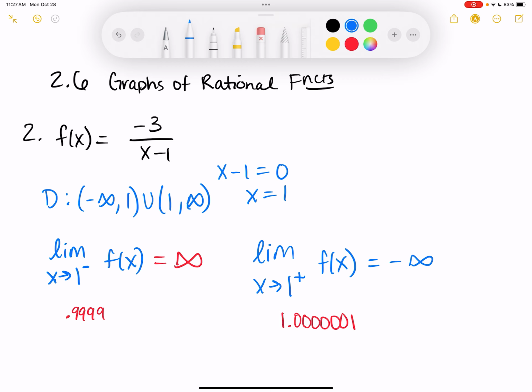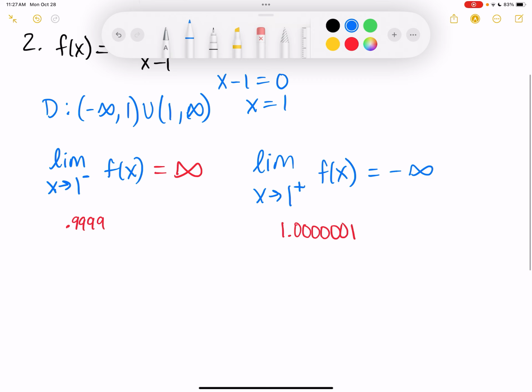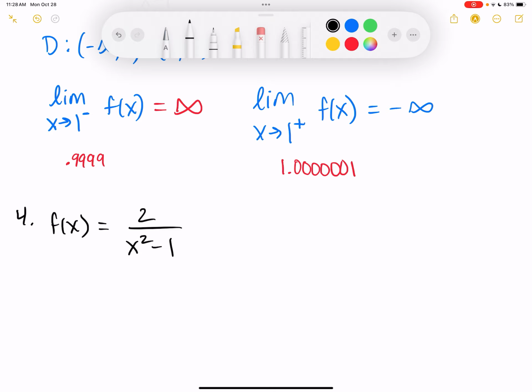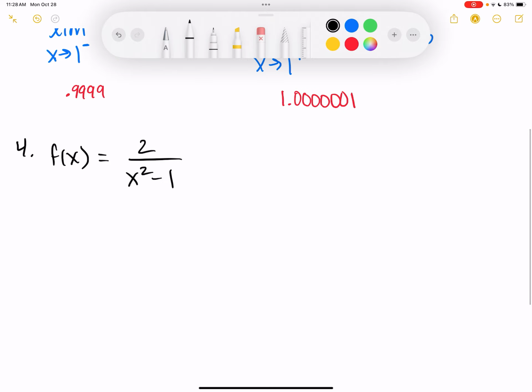So, number 4, f of x equals 2 over x squared minus 1. So I need to find the domain of this. How am I going to do that? So x squared minus 1 equals 0.